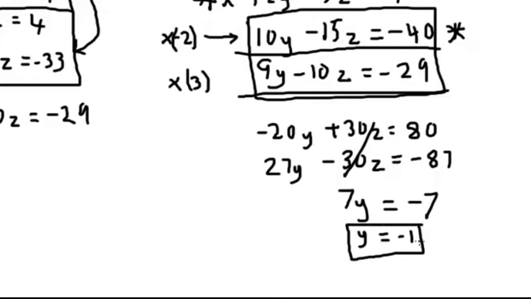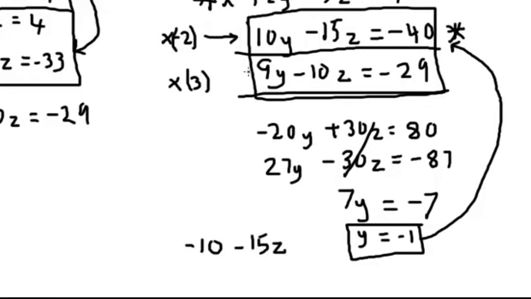Now, if y equals -1, you can stick it back into either one of these two up here. I think I'll stick it into the first one. So 10y, 10 times -1 is -10, and still minus 15z. I haven't found out what the z is yet.